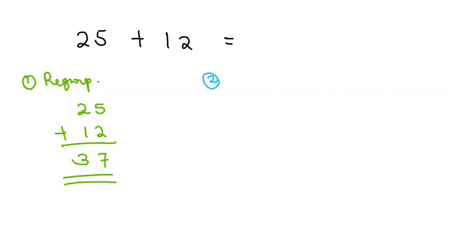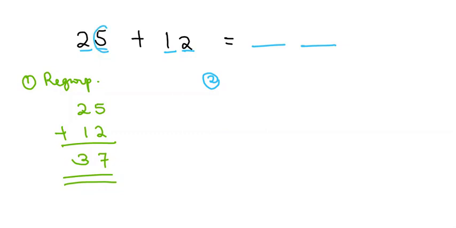So what we do is we look at the numbers that are being added and we ask ourselves, how many digits do they have? So the first one has 2 digits. The second one has 2 digits. So that tells me that my answer must have 2 digits. Then I will proceed to add the ones first.